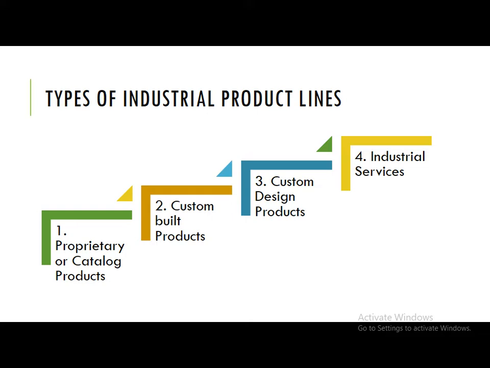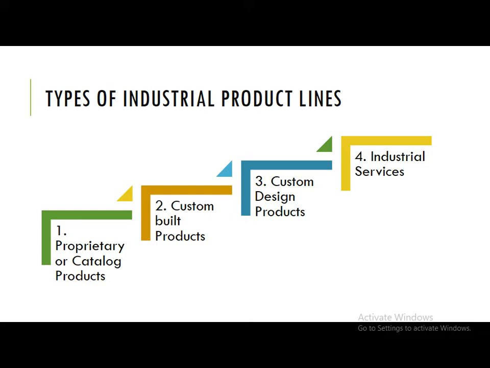These items are offered only in certain configurations and produced in anticipation of orders. Product line decisions include the addition, deletion, or repositioning of the products within the line. Second, custom built products. These items are offered as a set of basic units with numerous accessories and options.